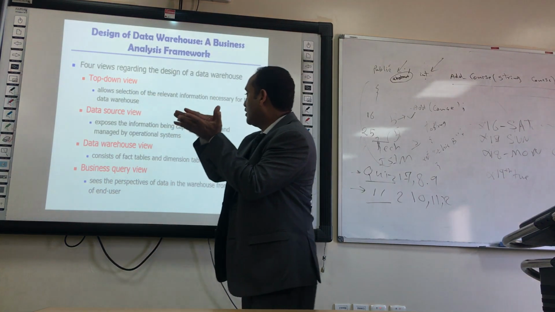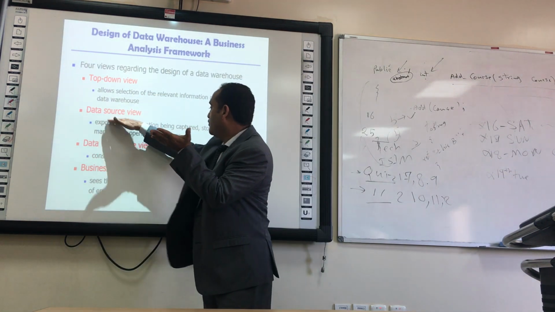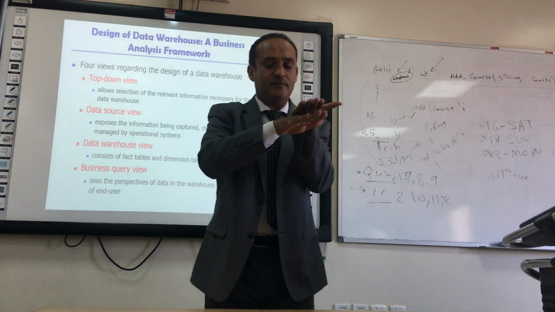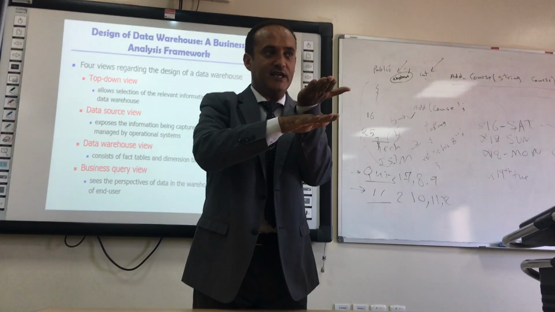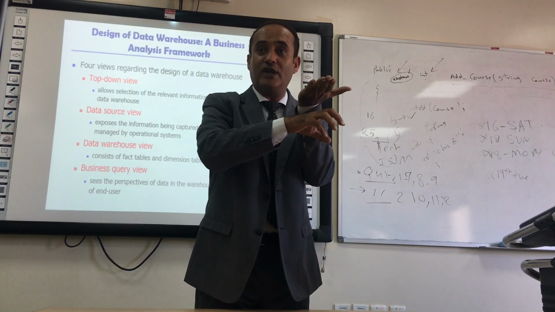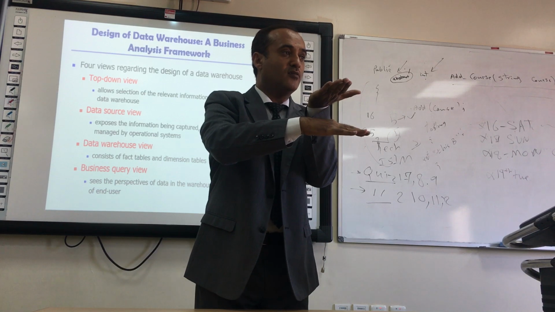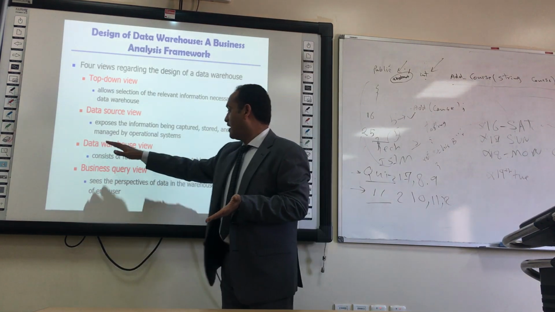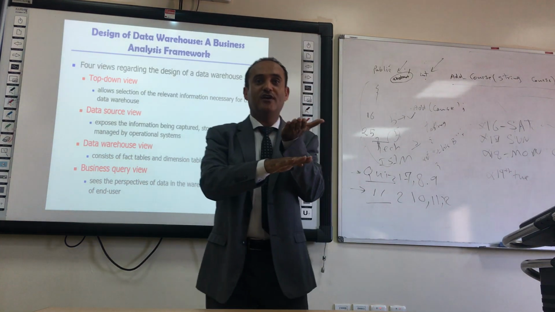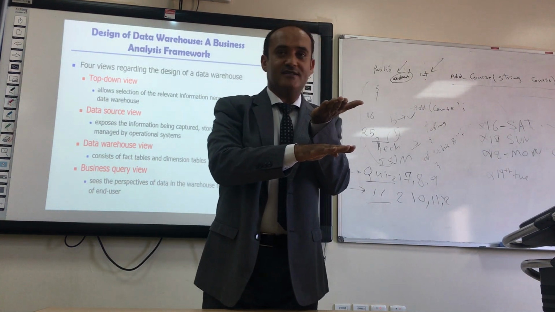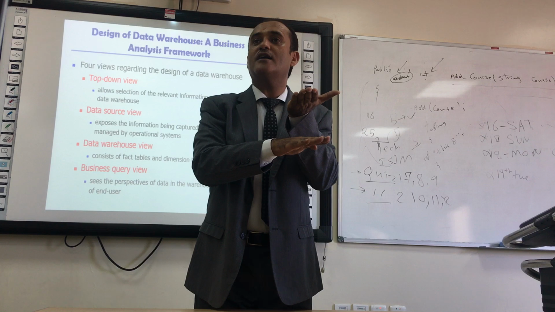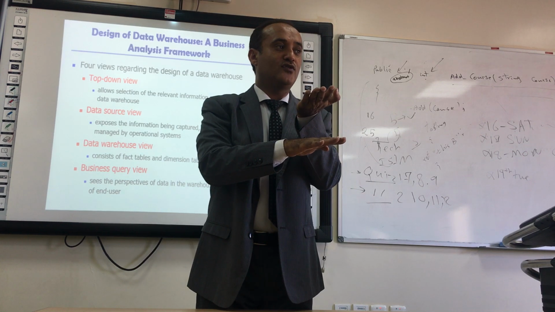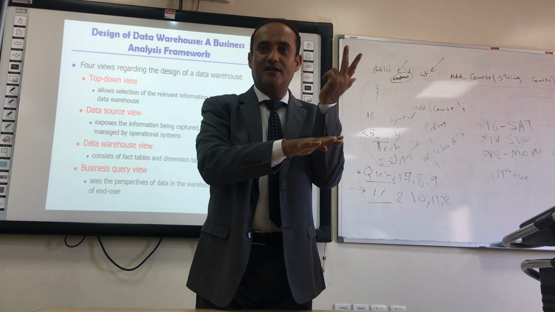Then I have to move to more details about the data, which I need to extract, clean, and process further. And then I have to consider the design. I said before, if you are designing in star schema, then I have to consider two things.